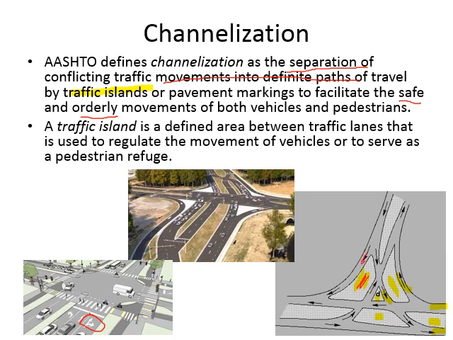Okay, so it's a space which you leave between the two lanes just to make sure that the movement from both directions are regulated, they are separated, and they are controlled. Okay, and they also serve as pedestrian refuge area. Okay, so somebody who wants to cross this road, a pedestrian wants to cross this road from here, so he can use this island for stopping refuge. So there are two functions of traffic islands: pedestrian refuge and regulating of movements in different lanes.